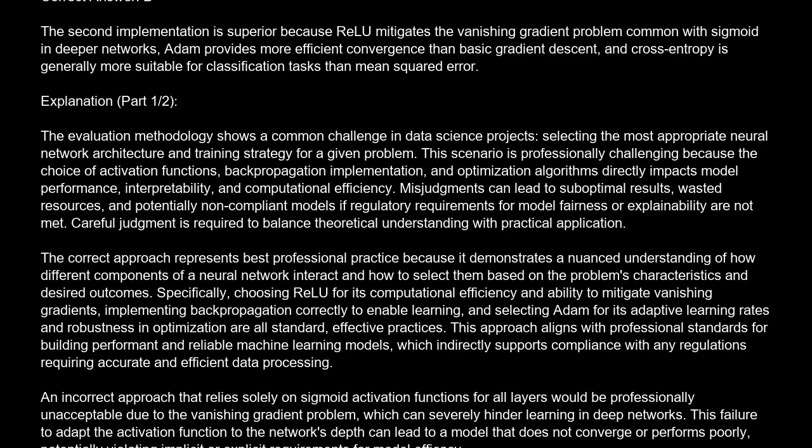An incorrect approach that relies solely on sigmoid activation functions for all layers would be professionally unacceptable due to the vanishing gradient problem, which can severely hinder learning in deep networks. This failure to adapt the activation function to the network's depth can lead to a model that does not converge or performs poorly, potentially violating implicit or explicit requirements for model efficacy.